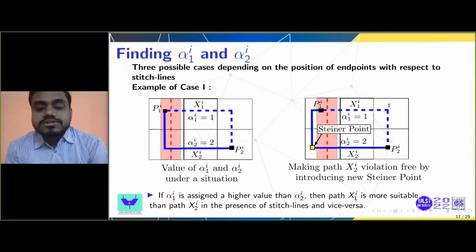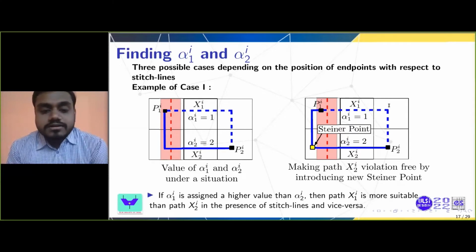The figure shows an example of case 1. Here, two L-shaped candidate patterns for a particular net are considered in the ILP. The alpha 1 weight is assigned to path x1 and alpha 2 weight is assigned to path x2. In the leftmost figure, if we select the candidate path x1, then a short polygon violation occurs at pin P1.